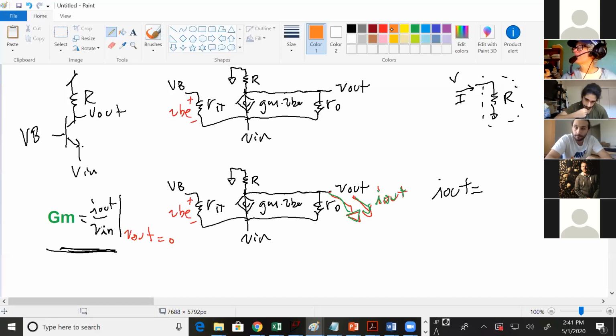No. I agree that they both are coming from this node, but R goes from this node to ground. And what about RO? It goes from this node, but does it go to ground on the other side? No, it's going to VN, and VN is not 0. So you can't put these two in parallel. But what was the other simplification you saw?